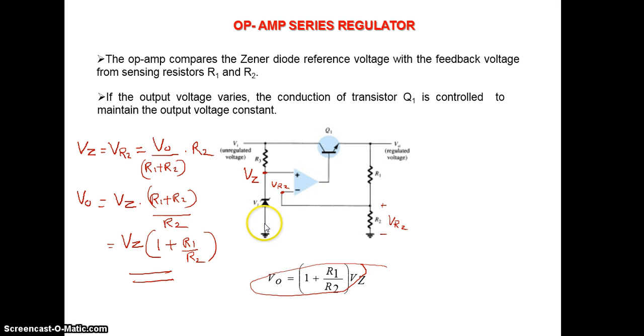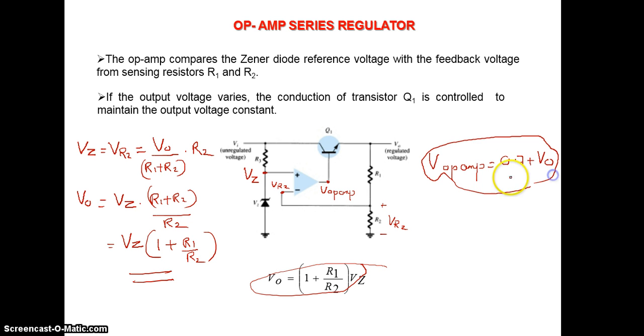Also, to bias the transistor here, the output voltage of the op-amp must exceed the circuit's output voltage VO by 0.7 volt, because the base-to-emitter voltage is 0.7. So V op-amp should be equal to 0.7 plus VO.